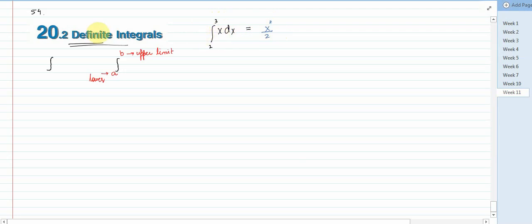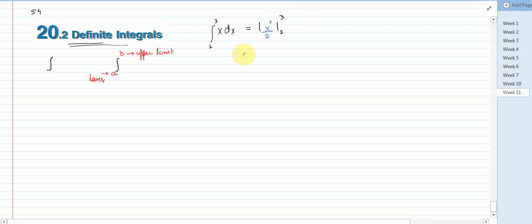In definite integrals there is no need to write c, because we need to substitute the values of the upper and lower limit. So the lower limit is 2 and the upper limit is 3.